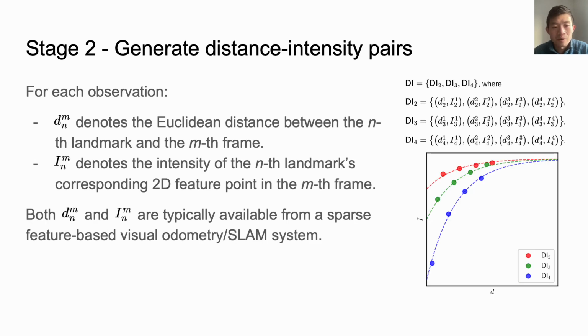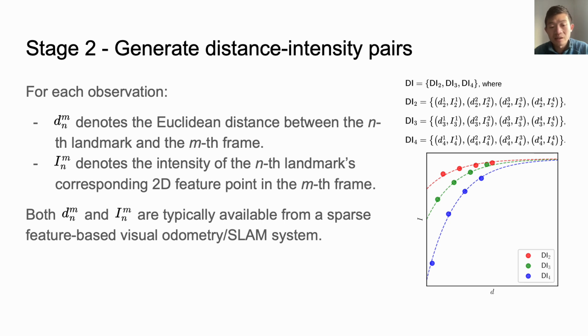The second stage of our method is to generate distance intensity pairs. For each observation in the local map, we use d to denote the Euclidean distance between a landmark and a frame, and we use I to denote the intensity of the feature point corresponding to the landmark in a frame.